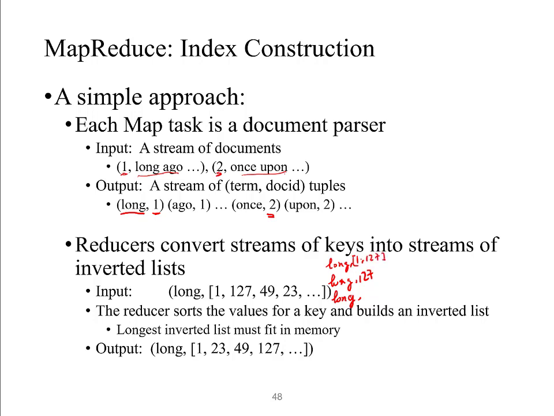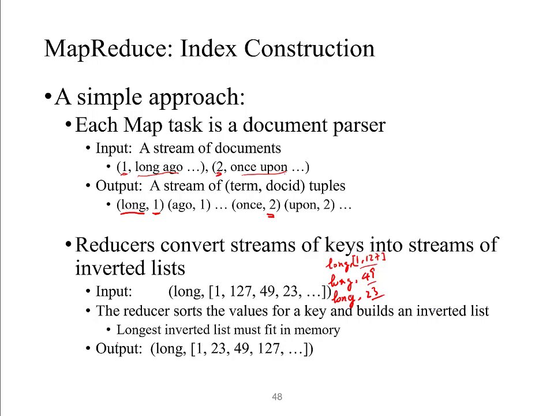This could be from one partition, and you've got 49 and 23 here. So it is just a set of term and document ID key value pairs. These are the input, and the reducer will sort the values, the document IDs for a key, and build an inverted list.